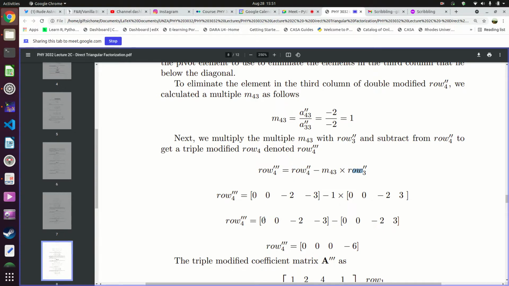So when you come here, 0 minus 0 you get a 0, 0 minus 0 you get a 0, -2 minus -2 you get a 0, then -3 minus 3 you get a -6.